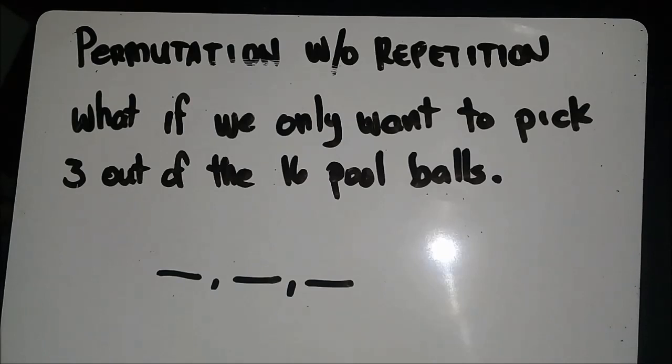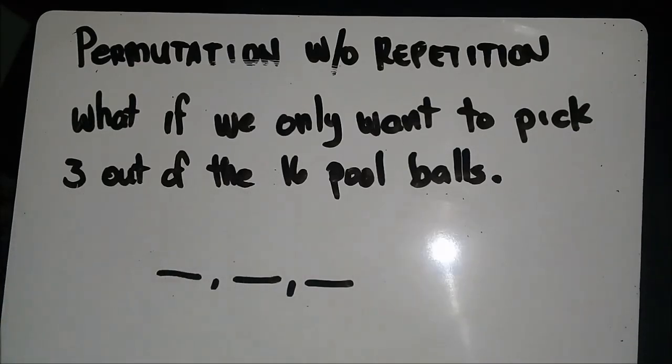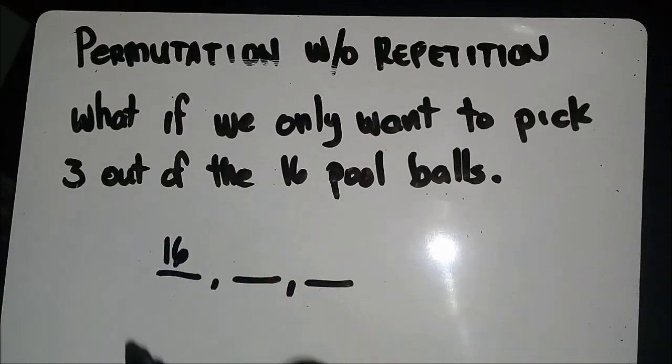Now, suppose we do not want to choose all of them and arrange them in a rack. Suppose that we only want to choose 3 out of the 16 pool balls that we held as an example lately. Now, what are we going to do? So, we will have 3 slots, using the slot method. In the first place, we have 16 possibilities, including the mother ball, which is the white ball.